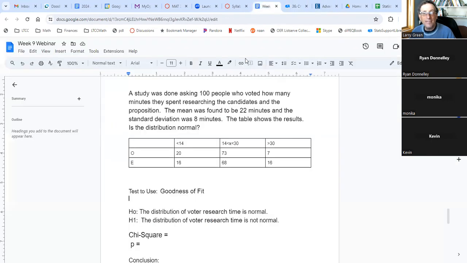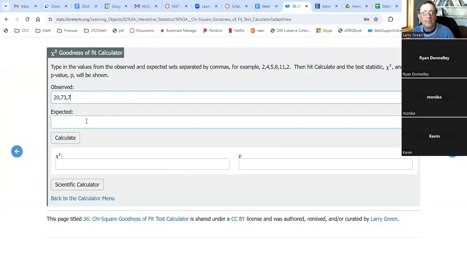The expected values were 16, 68, and 16. Any questions at all on performing this test so far?